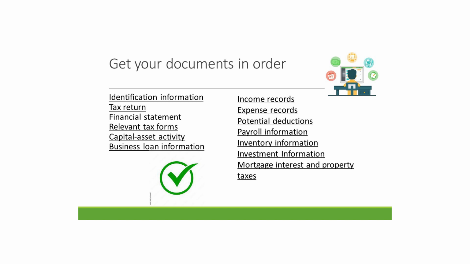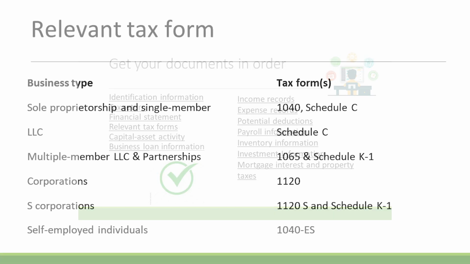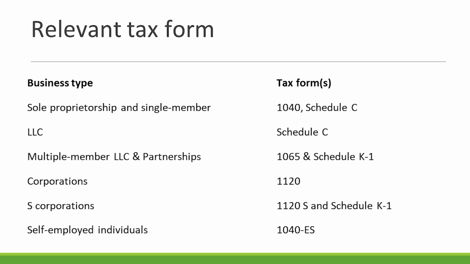Also keep in mind, relevant tax returns depend on what type of business you have. So if you are a sole proprietor or a single member LLC, the tax form that you will utilize will be the 1040 with a Schedule C. An LLC would be the Schedule C, corporations, the 1120, S corporations, the 1120S and Schedule K1, and self-employed individuals, the 1040 ES.